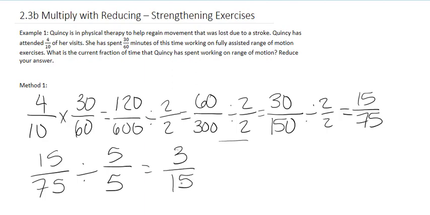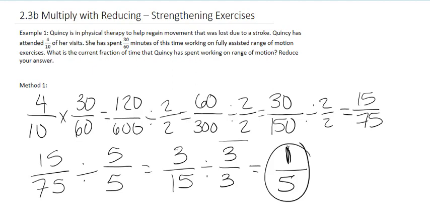So now we have 3 and 15, which we know that 15 is a multiple of 3 because 3 times 5 is 15. So let us divide the top and the bottom by 3. So 3 divided by 3 is equal to 1. 15 divided by 3 is 5. So we have the answer of 1/5.